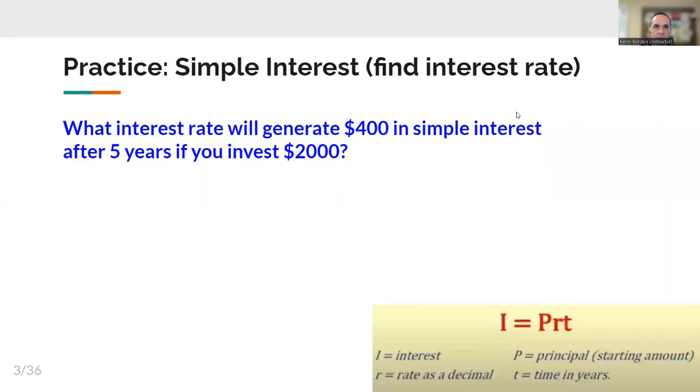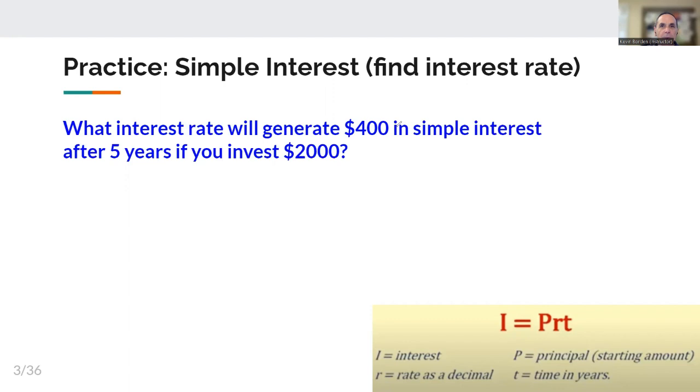One more question. What interest rate will generate $400 in simple interest after 5 years if you invest $2,000? This is one of those questions I was hinting at before that's a little bit more complicated, but I thought it was worth including one, especially because in this video format, I have a little bit more time.